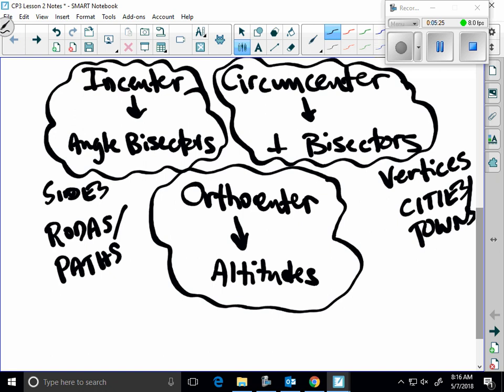The 5K was roads or paths, right? But if we had three different events going on at three separate locations and we wanted this medical facility to be equidistant from those three places, those three towns, cities, high schools, locations, we used the circumcenter. That's like the big circle.